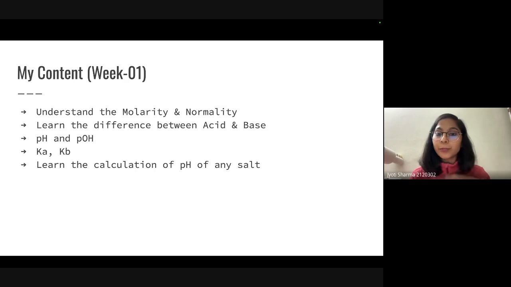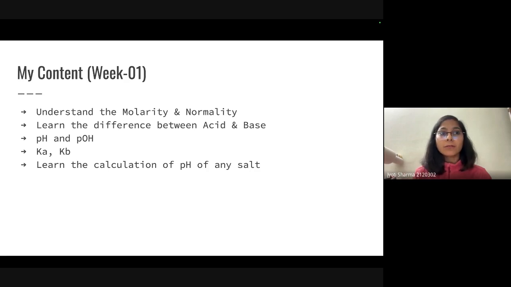Then we will try to understand what is an acid and what is a base. Different classifications and theories have been given by different scientists, so we will understand who told what. Then we will go on to the formulas of pH and pOH, and for the assignment that has been assigned to you, I have very similar questions.